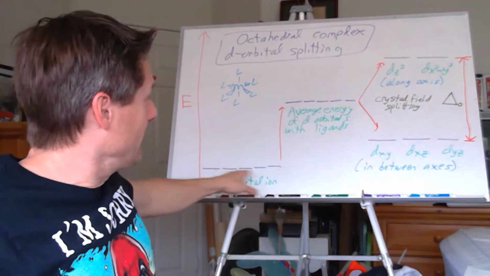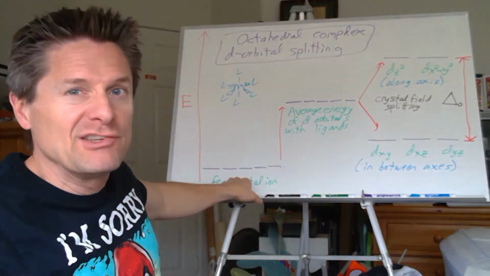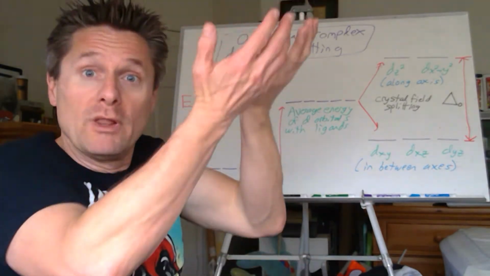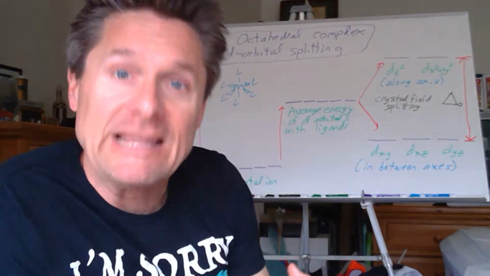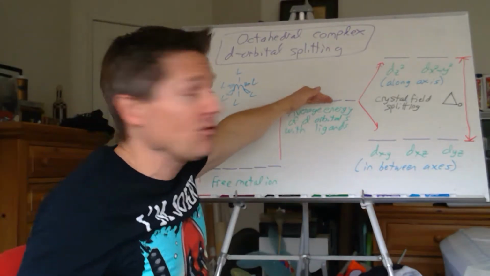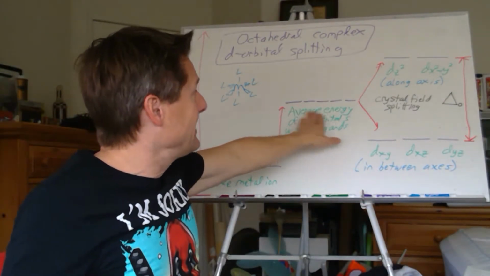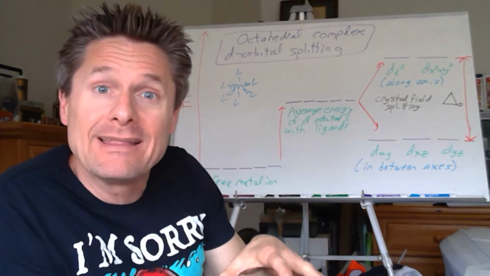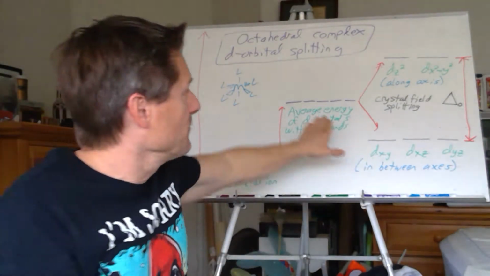We don't have to write the labels of them because they're all degenerate. When the ligands come in, there's a mutual increase in energy because they're all feeling some repulsion, whether they're along the axis or in between. So they all shift up in energy. So let's say this is the average energy of those d orbitals after the ligands have docked into place, right?